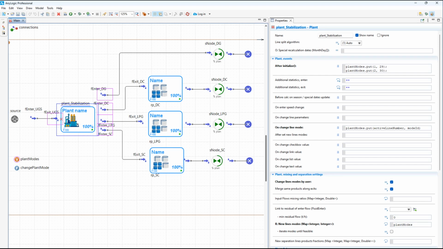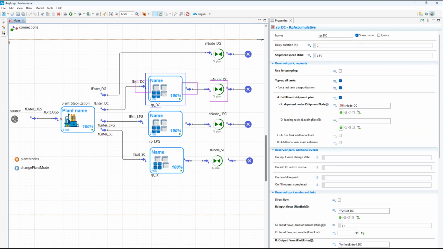The stabilization unit is connected to the tank farms, which also provide extensive configuration capabilities. One of the key mechanisms is the handling of product withdrawal requests. Tank farms support different request priority schemes, allowing their operation to be represented more accurately.